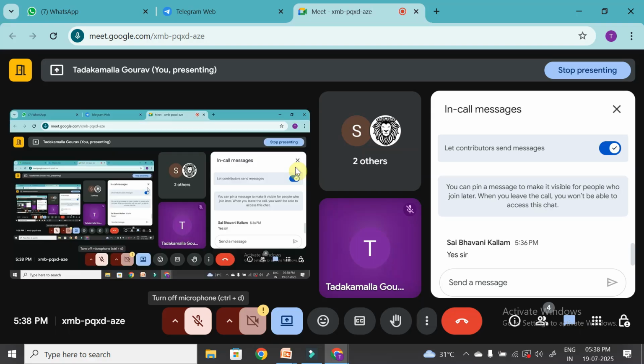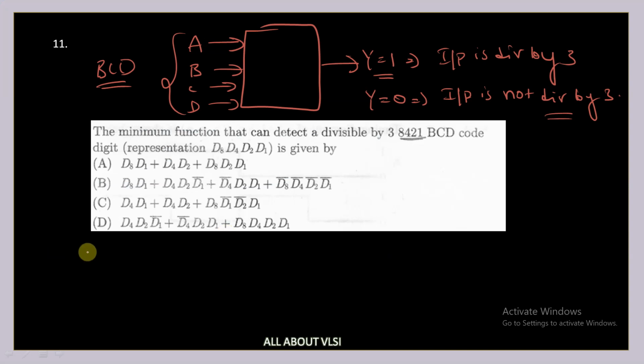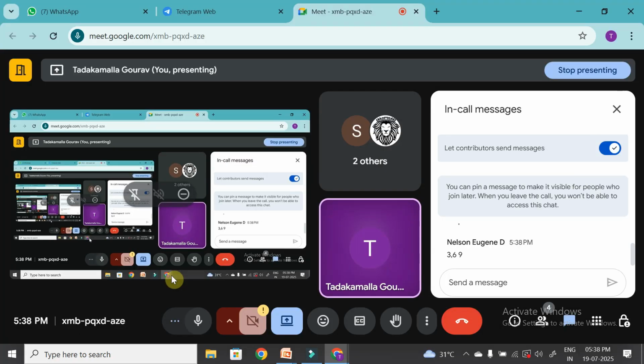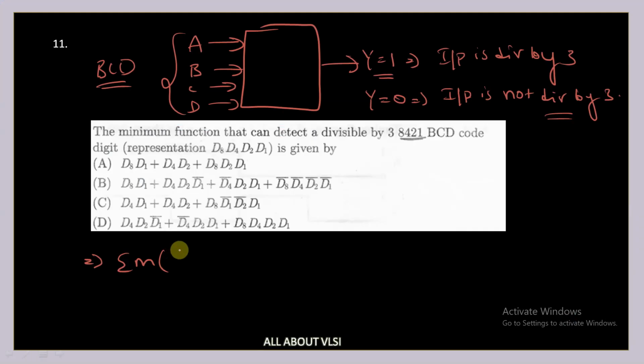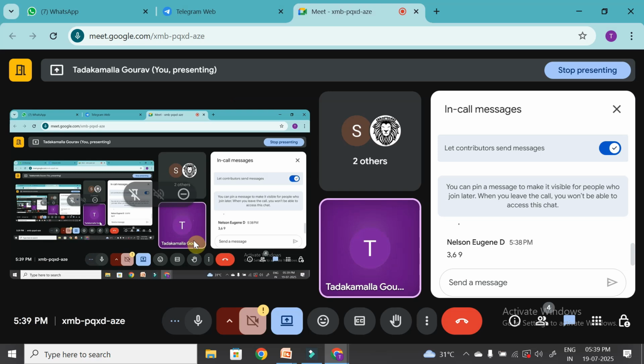Try this one. Yes, can anyone tell me what are the minterms we are getting for this? What are the minterms here we are getting? Exactly. So for the minimum function that can detect divisibility by 3, we are getting 3, 6, and 9. Yes. So just use it in the K-map and solve it and let me know.